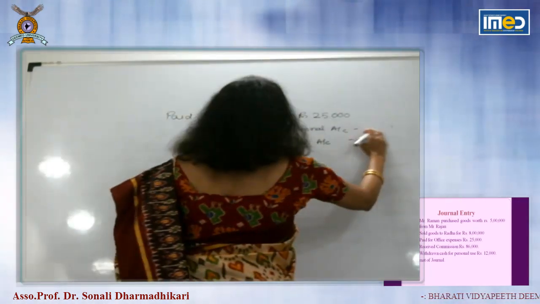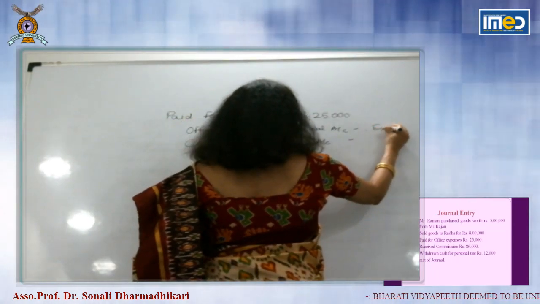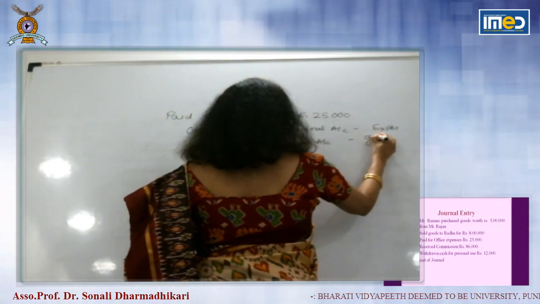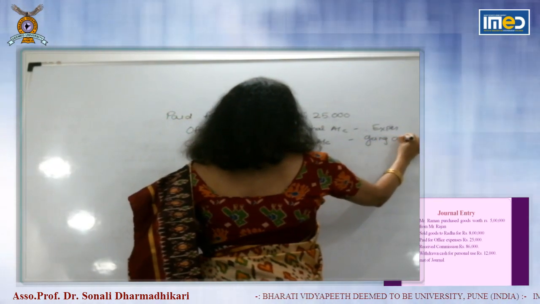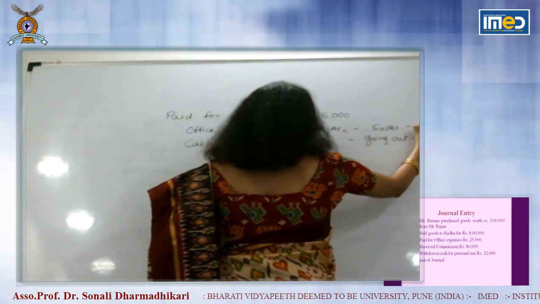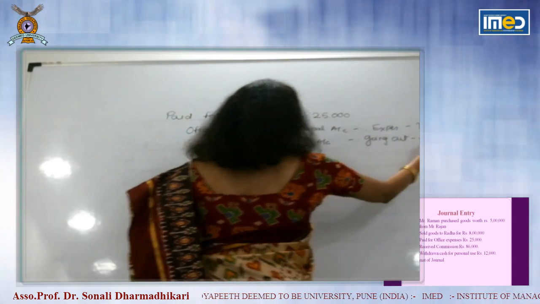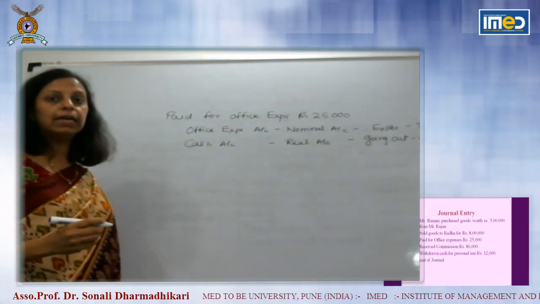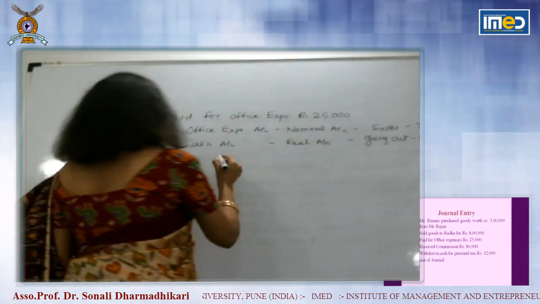Cash is going out of business. Expenses account debit and cash account will be credited. So what will be the journal entry?